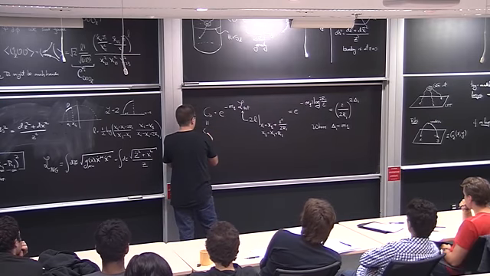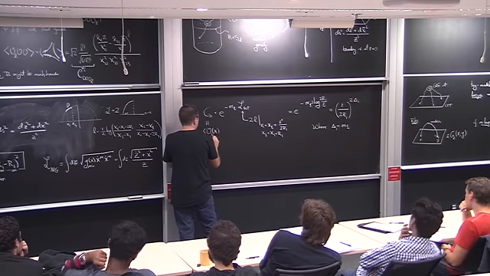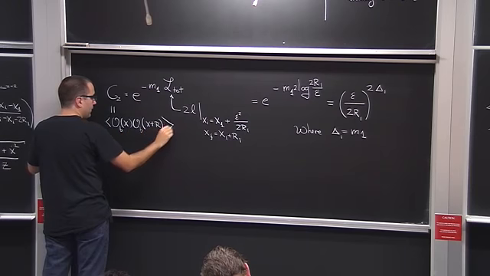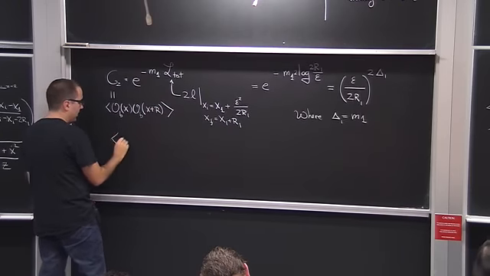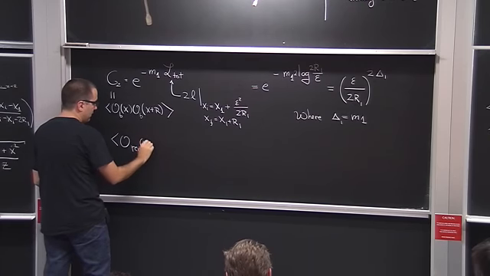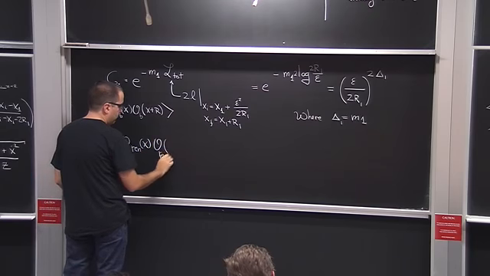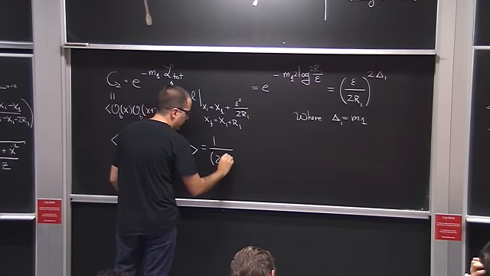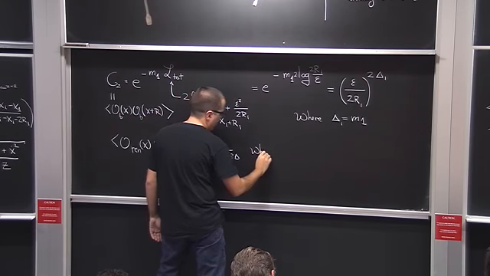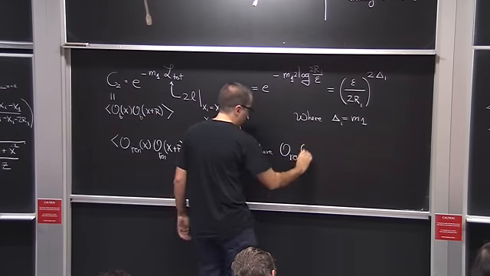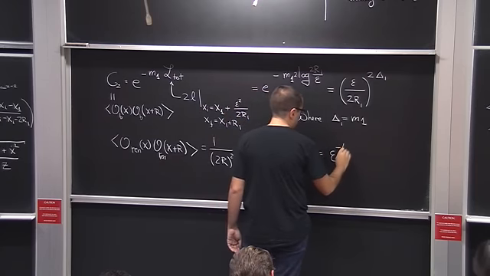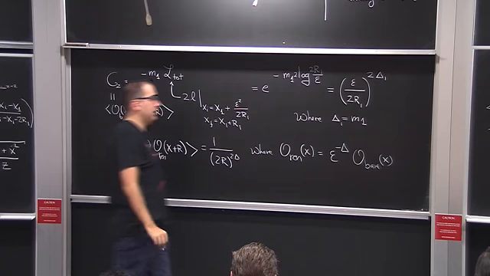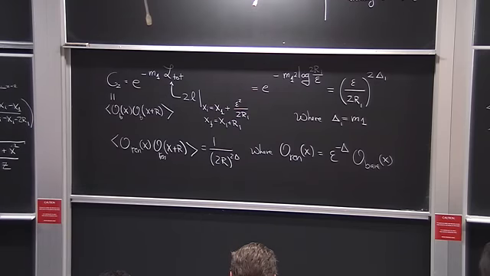If I say that this is computing the correlation function between some bare operator at x and some bare operator at x plus r, this equation is just telling me that the correlation function between the renormalized operator at x and the renormalized operator at x plus r is equal to 1 over 2r to the power 2 delta, where the operator which is renormalized is just defined to be epsilon to the power minus delta times what I call the bare operator. And this is just usual renormalization in a CFT.